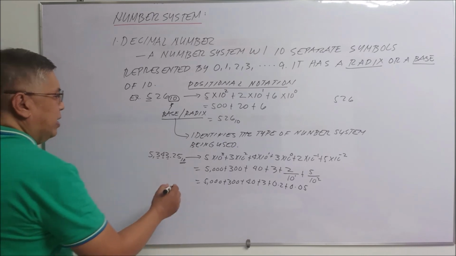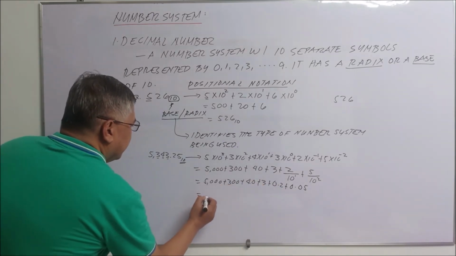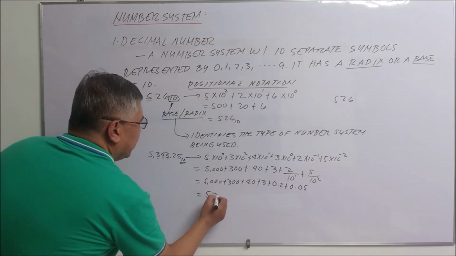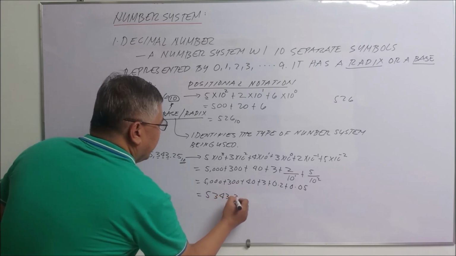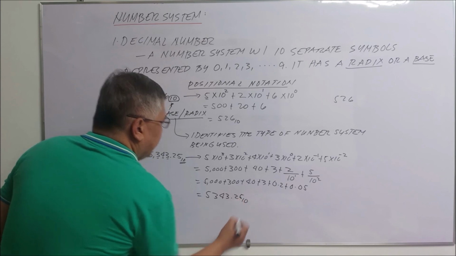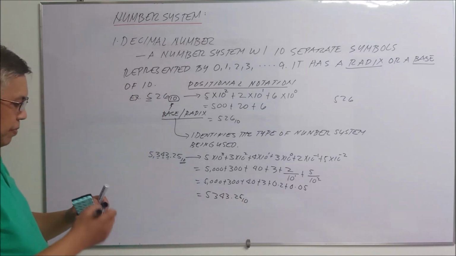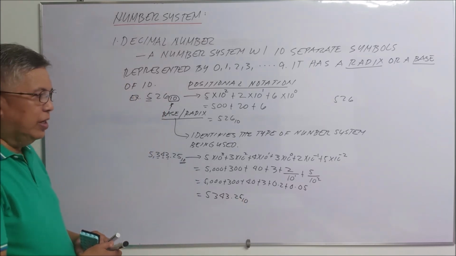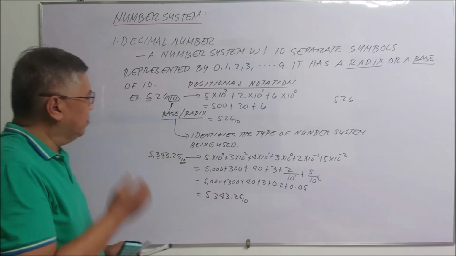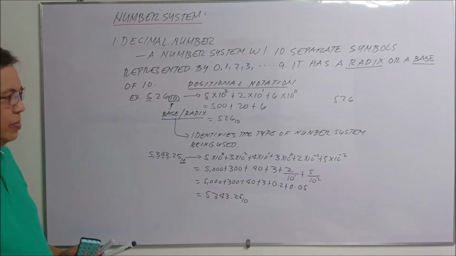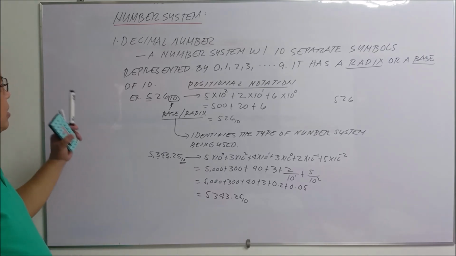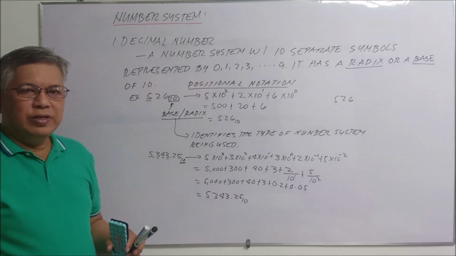So if we add all the numbers, you will have 5,343.25 of base 10. Okay? So that is how the positional notation is used. So that is the decimal number system.